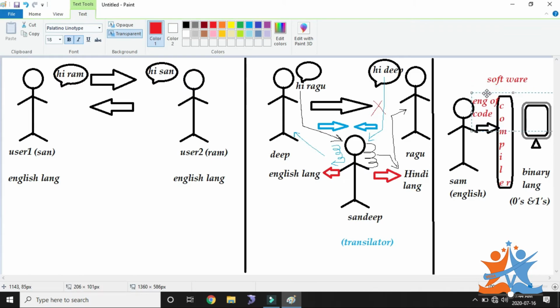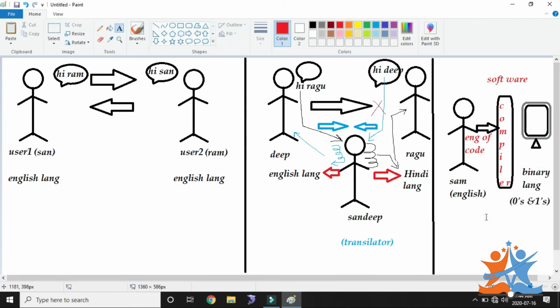ENG is nothing but English type of code. The English type of code is taken as an input.